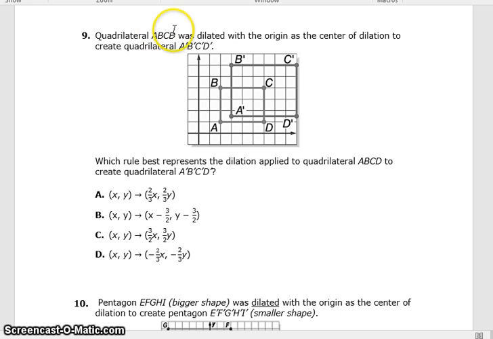Quadrilateral ABCD was dilated with the origin as the center of dilation to create quadrilateral ABCD prime. Which rule best represents the dilation applied to quadrilateral ABCD to create quadrilateral ABCD prime? Dilation. ABCD, A prime, B prime, C prime, D prime.